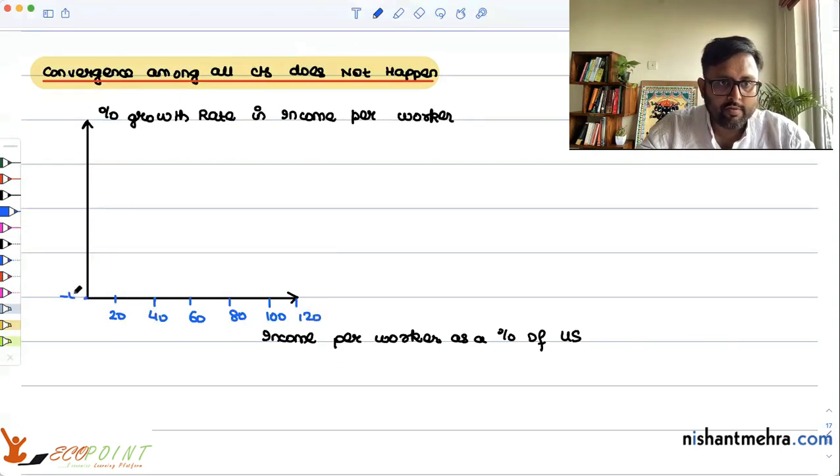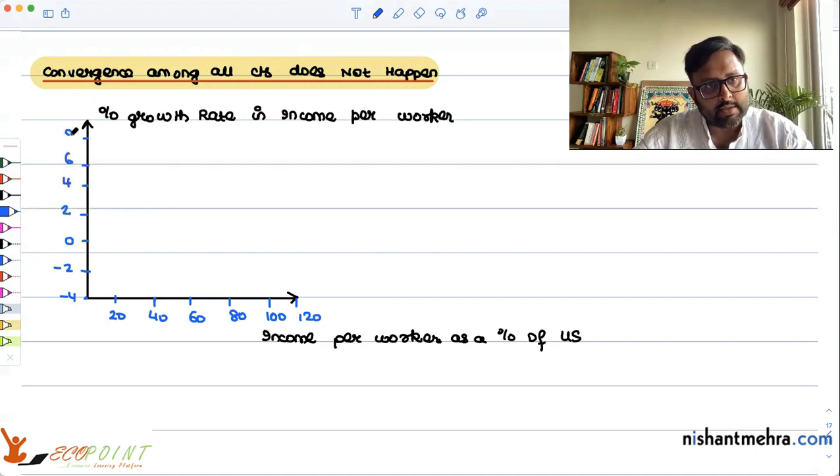Here at this point, you have -4, -2, 0, 2, 4, 6, 8. Okay. So one of the countries whose income is less, it is having a high growth rate.